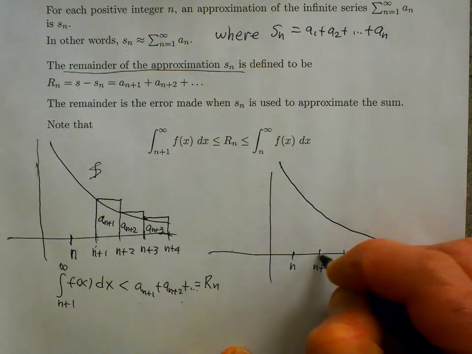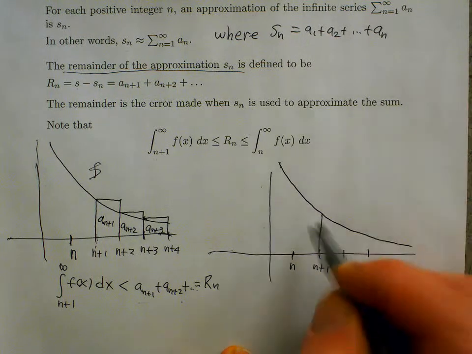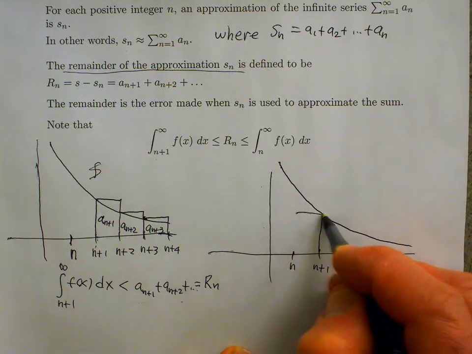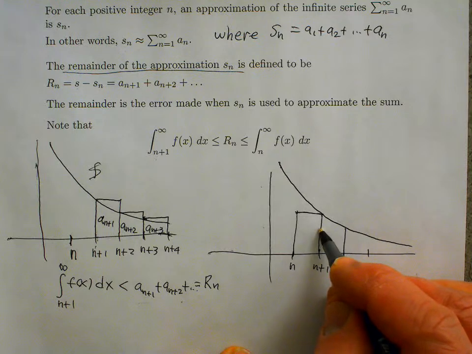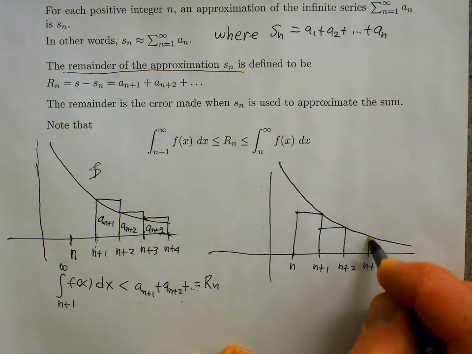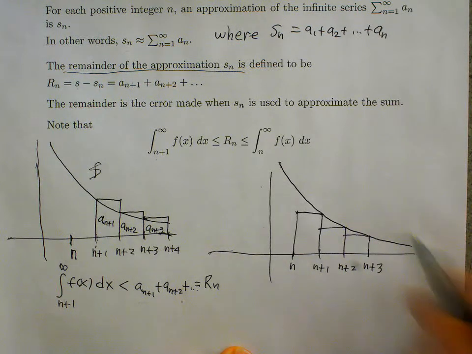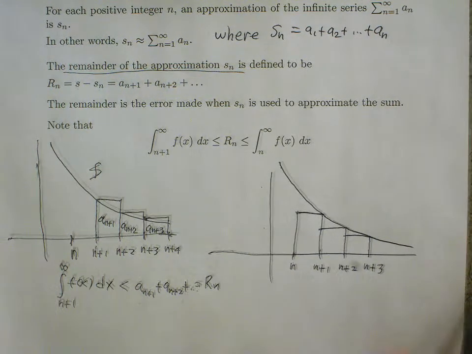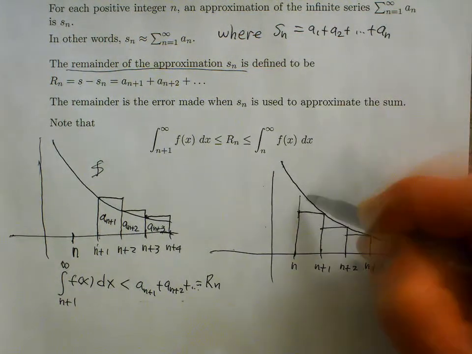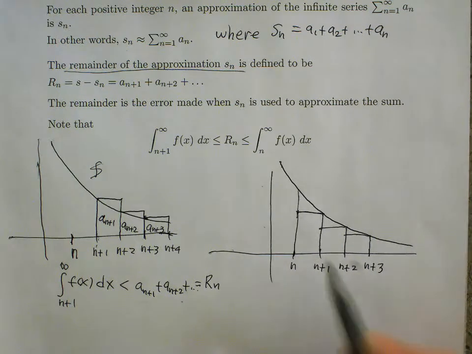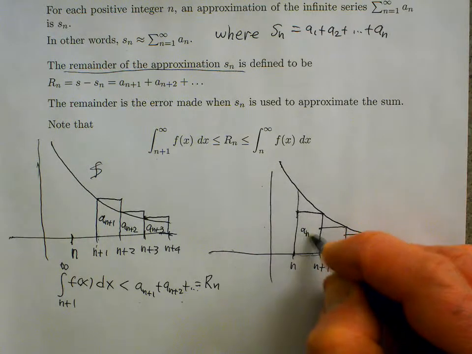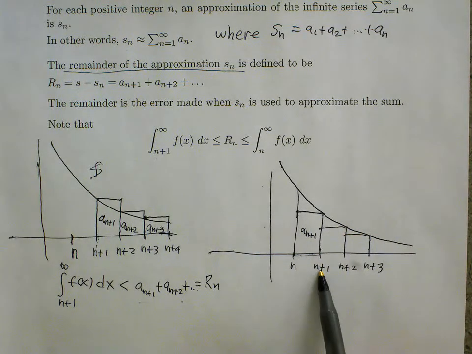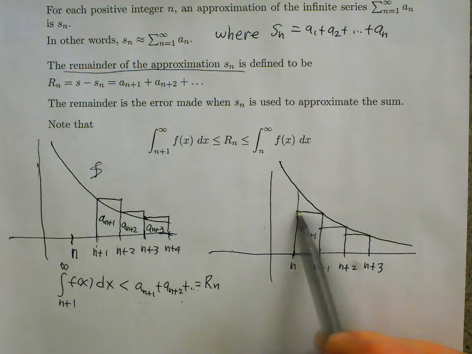So this time the tops of the rectangles will be below the curve. Okay, the area of this first rectangle is a sub n plus 1. We're using the right endpoint to determine the height of that rectangle.